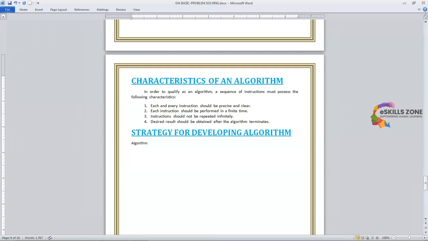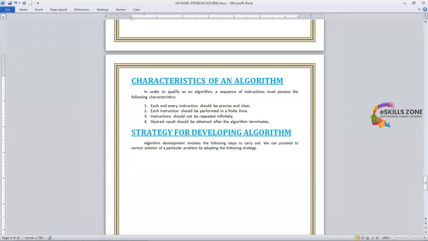Algorithm development involves the following steps to carry out. We can proceed to a correct solution of a particular problem by adopting the following strategy.